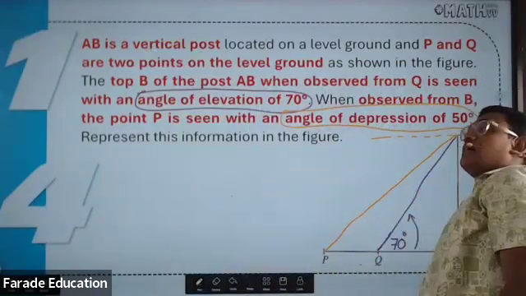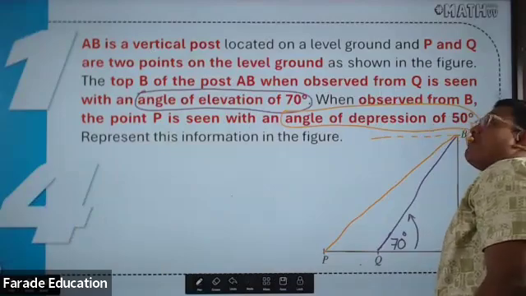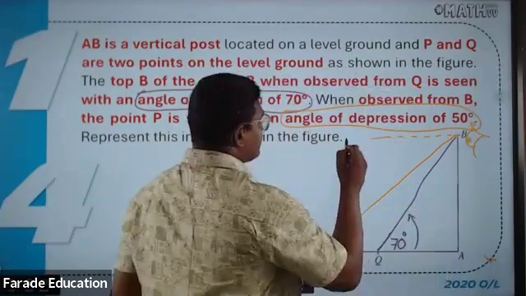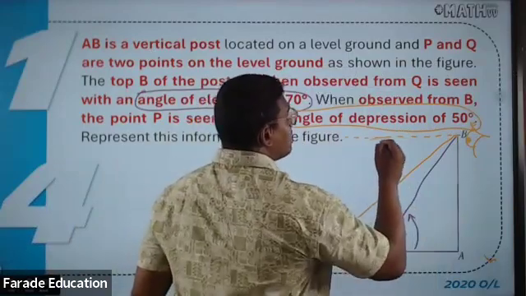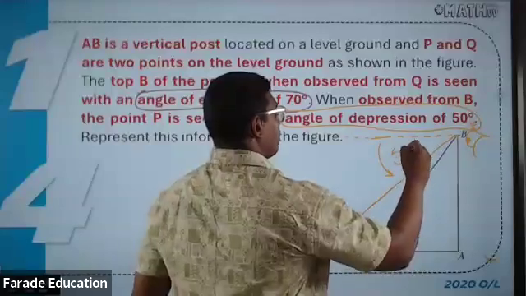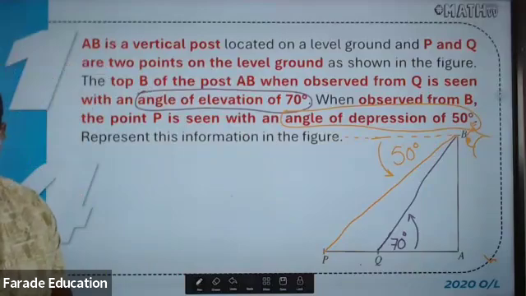My eye is here. From here, I'm looking down. From B, I'm looking down. That means this is the eye level. From the eye level, I look down 50 degrees. Clear?